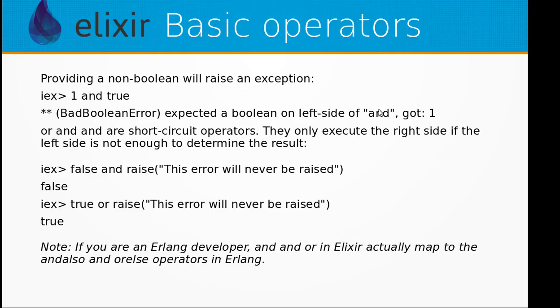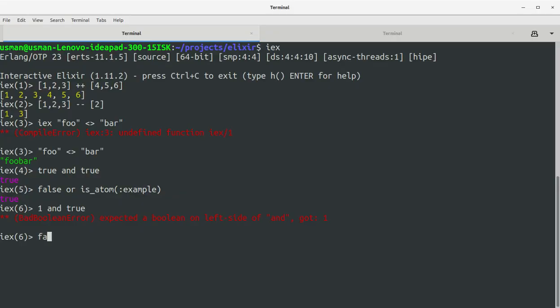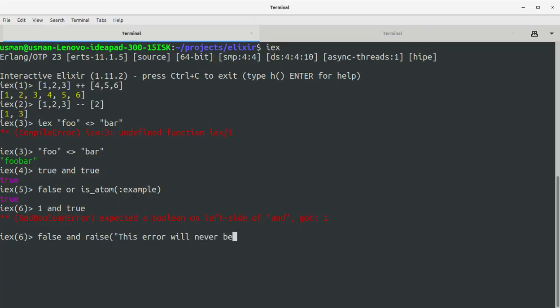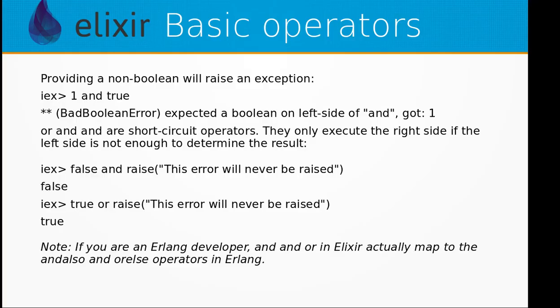Or and and are shortcut operators. They only execute the right side if the left side is not enough to determine the result. So if I type in false and raise, and I pass a string, this error will never be raised, so I get false.